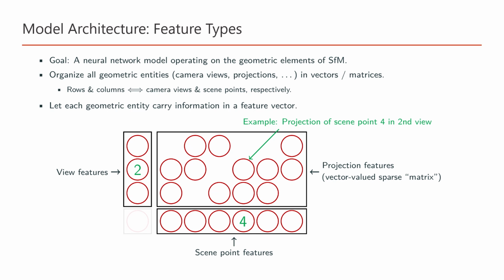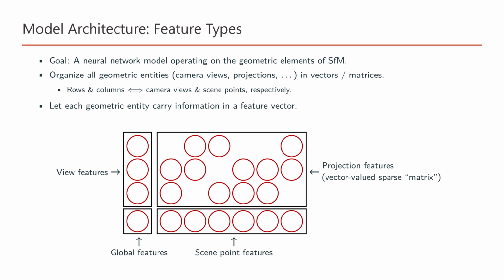Which pixel will it end up at? And that is the projection feature here. Finally, we have also a global entity that doesn't concern any of the geometric elements specifically. But what you see now, this is all of the words that we will throw our lovely transformer model on. And the input to this model is going to be projection features.